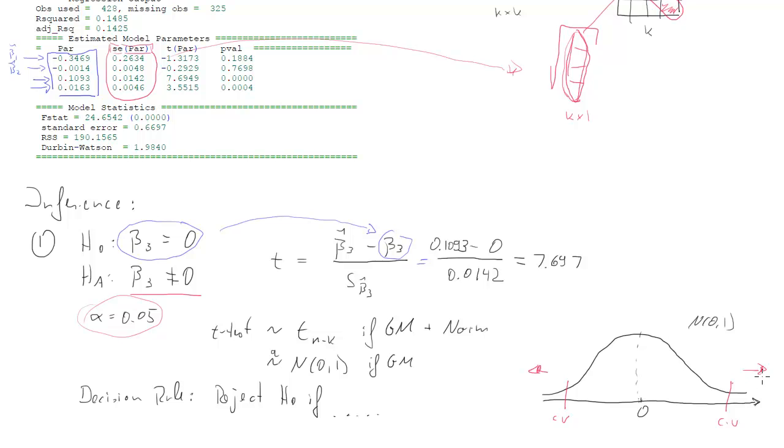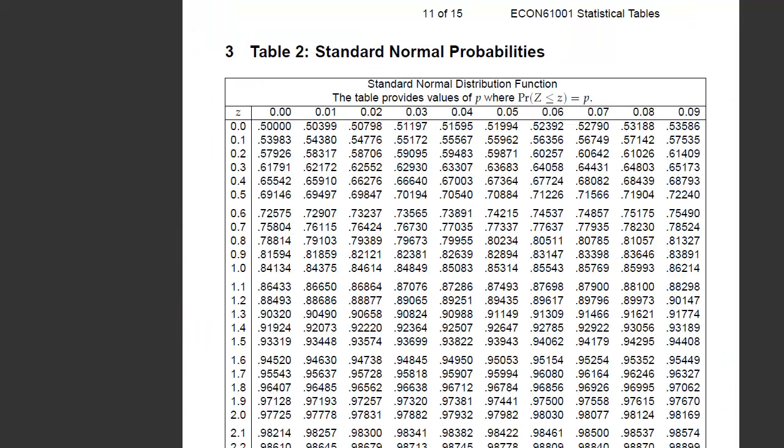So we will have a probability of alpha over 2 in this tail and a probability of alpha over 2 in this tail. So the probability of these red tails should add up to 5%. So we need to look for that value that cuts off 2.5% either in the positive tail or in the negative tail. So let's go to our distributional table.